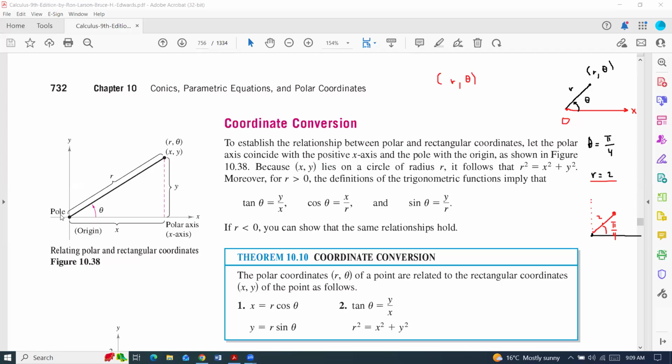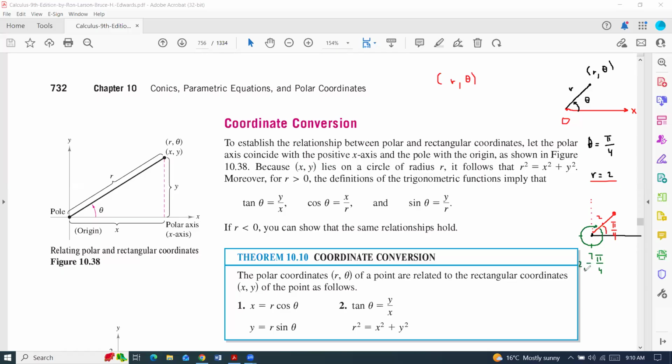But you could describe it differently. For example, you could rotate clockwise and end up in the same place. So you can rotate by a negative angle. How many pi's over 4 do we take here? 1, 2, 3, 4, 5, 6, 7. 7 pi over 4, and the radius is still 2.